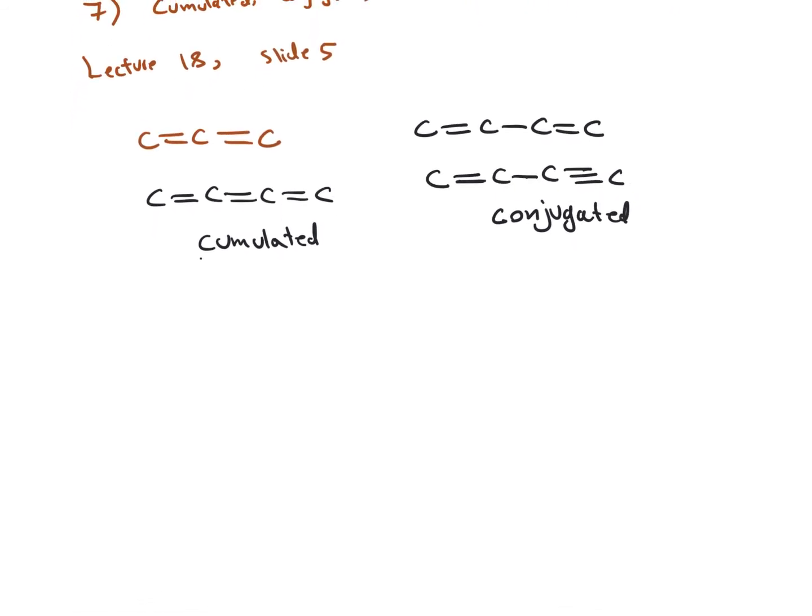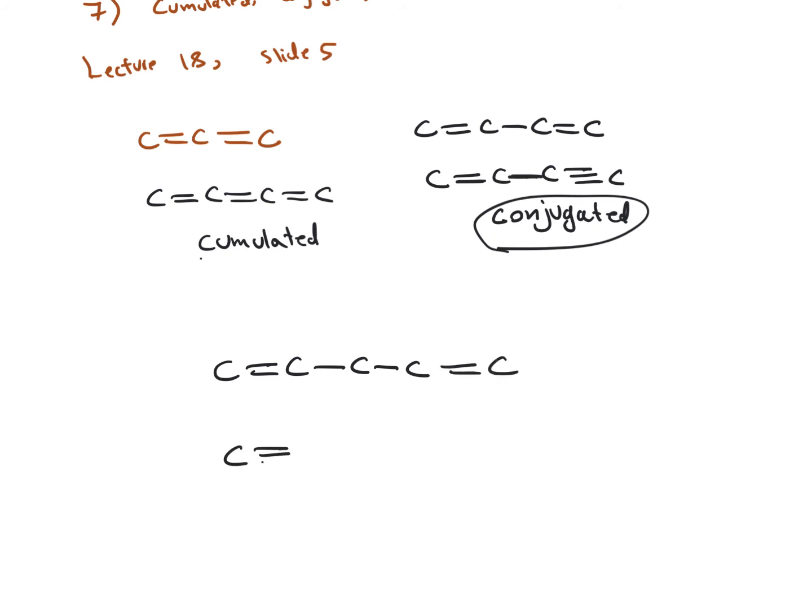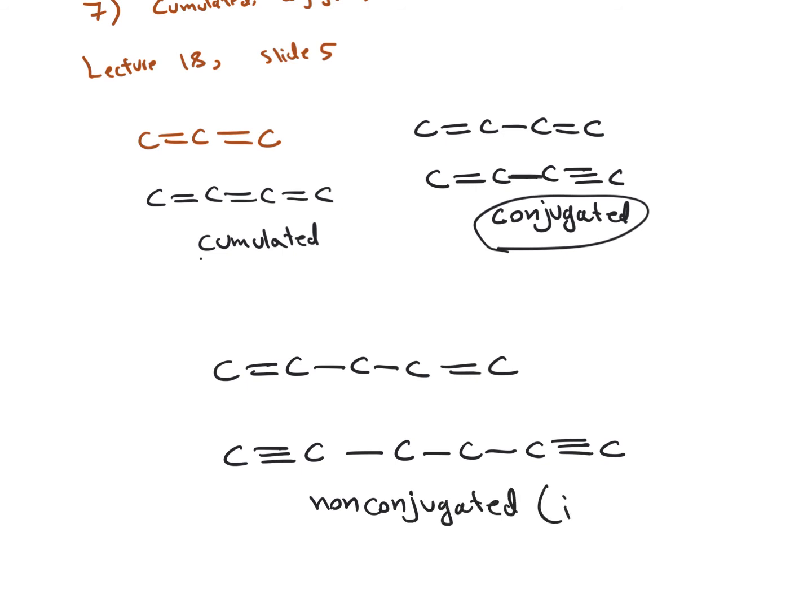So if you have only one single bond between multiple bonds, this is conjugated. But if you have something like this, more than one single bond comes in between, or something like this. I'm just writing basically your book here. So this is non-conjugated or isolated. So remember the names because I'm going to ask you in your exam.